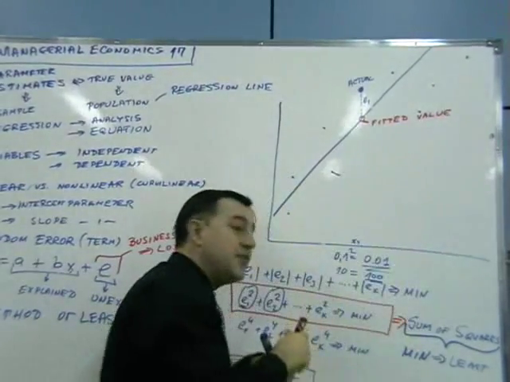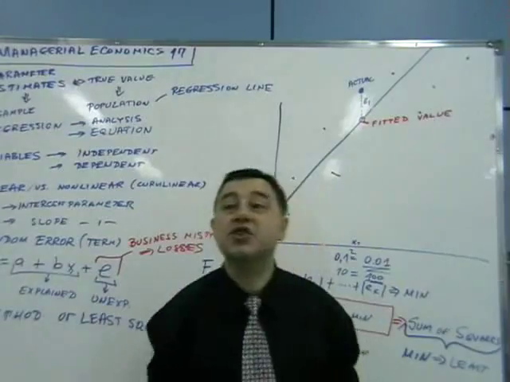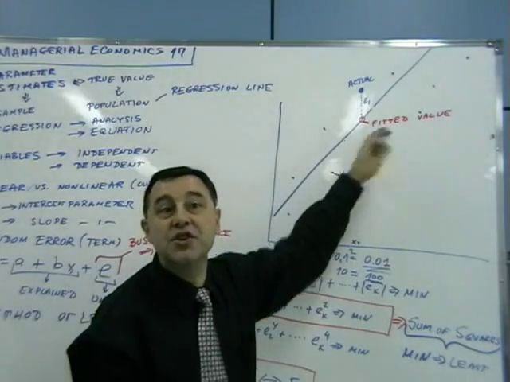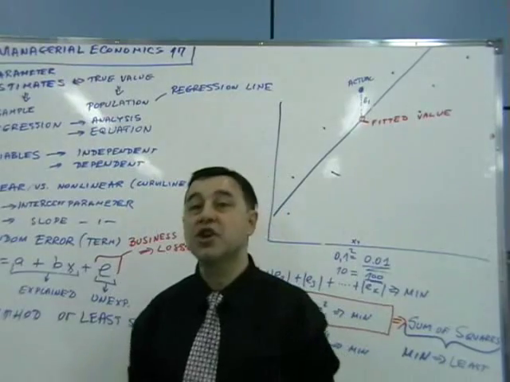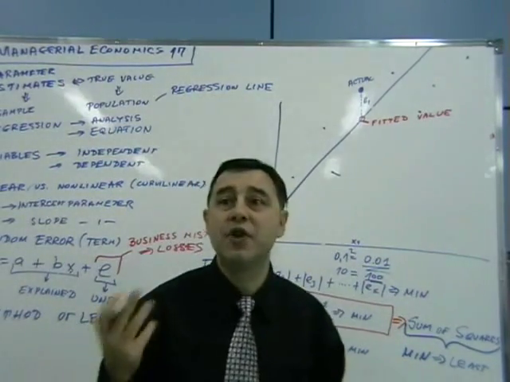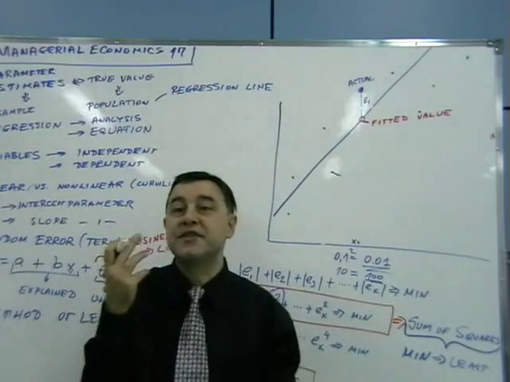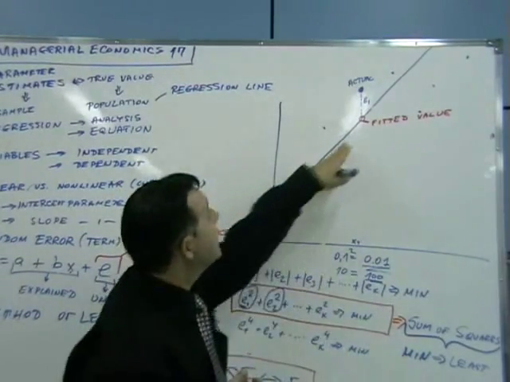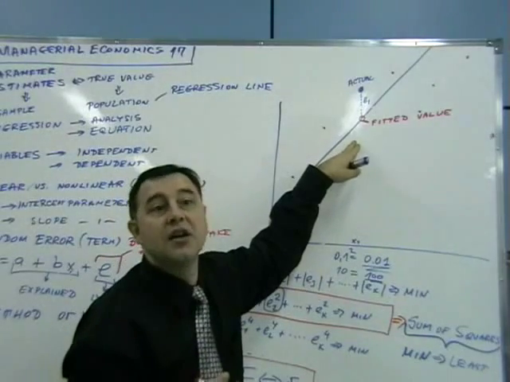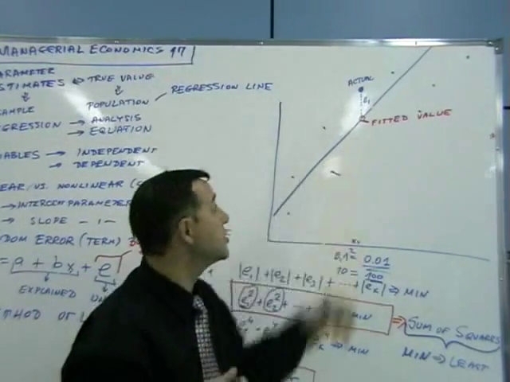So what the fitted value does is essentially tell us what is the value of the function if there was no error. Well, what does it mean to have no error? Well, one of the simplest interpretations is if it lies on the regression line.